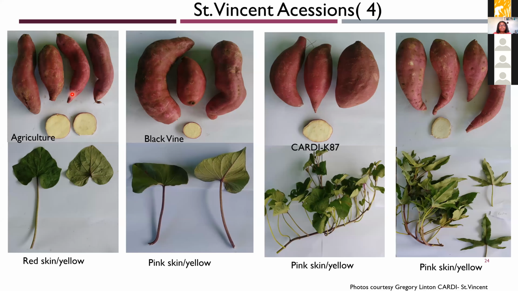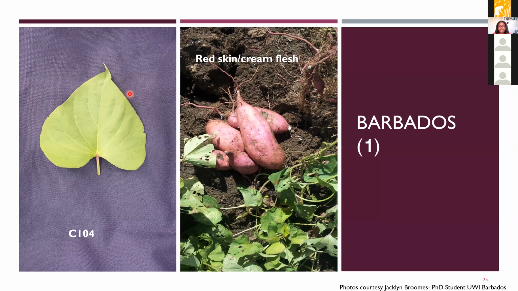From St. Vincent, we had 4, Agriculture, Black Vine, CARDI, and I can't recall the name of this one, but they were all quite similar, smooth, red or pink skin with yellow flesh. We also, because I work in Barbados, included one of the more popular varieties from Barbados, C104, which is a red skin, cream flesh variety, or pink skin.